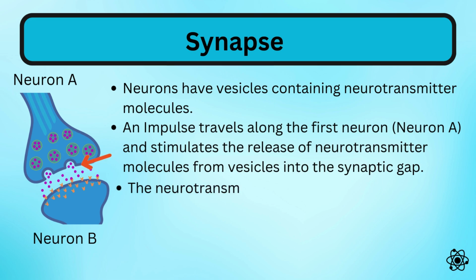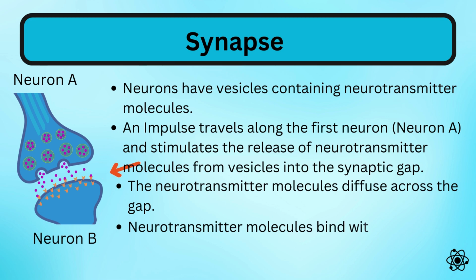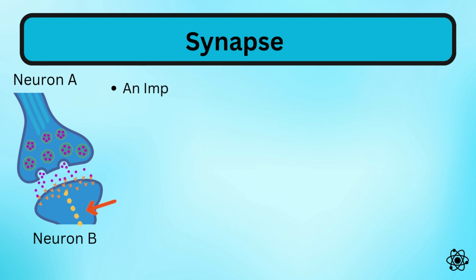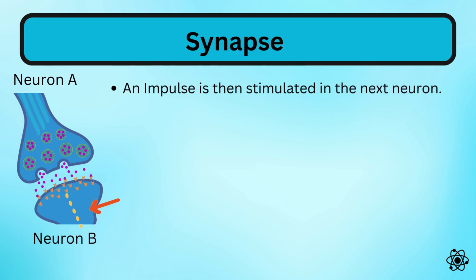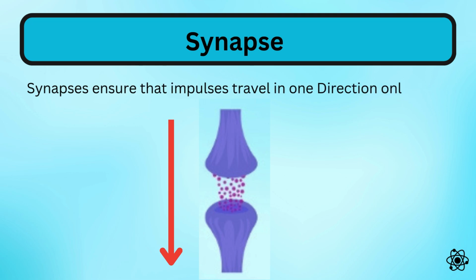The neurotransmitter molecules diffuse across the gap. Neurotransmitter molecules bind with the receptor proteins on the next neuron. An impulse is then stimulated in the next neuron. Synapses ensure that impulses travel in one direction only.